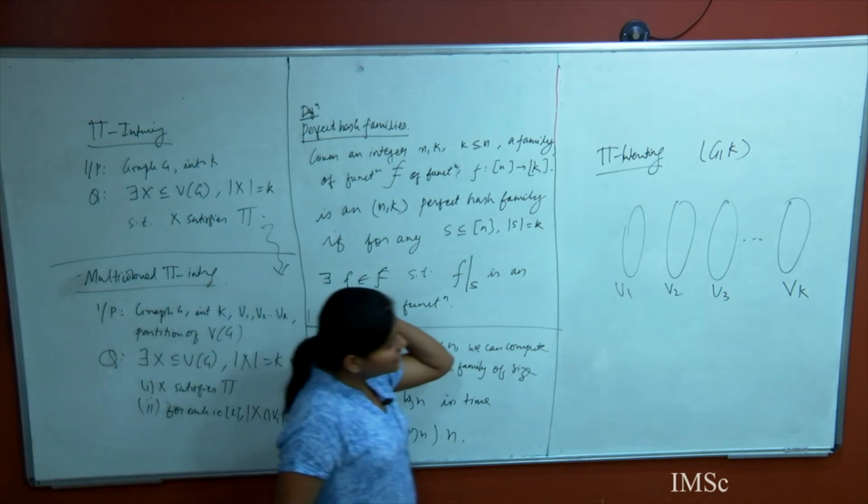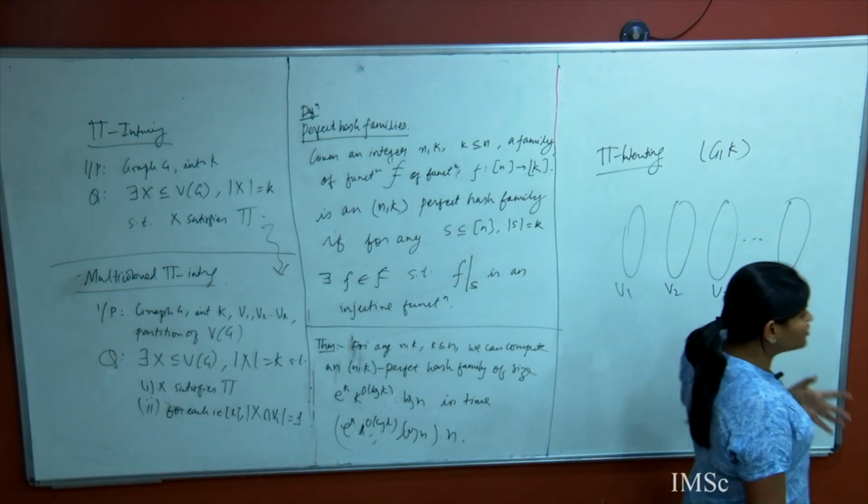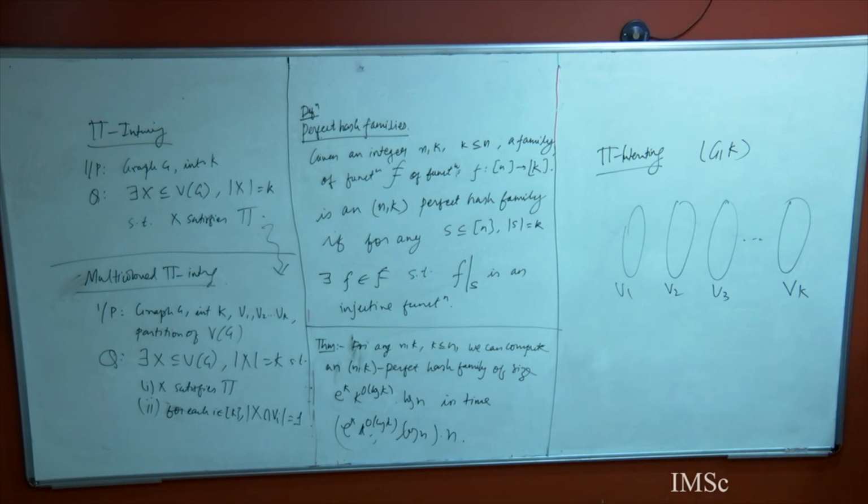Let us see what is the probability that you can guarantee that this is also a good instance for you. By good instance I mean, in general we show that the instance is a yes instance if and only if the created instance is a yes instance. Here we'll say that with good probability you achieve this.